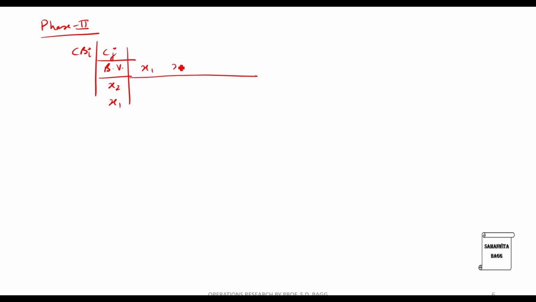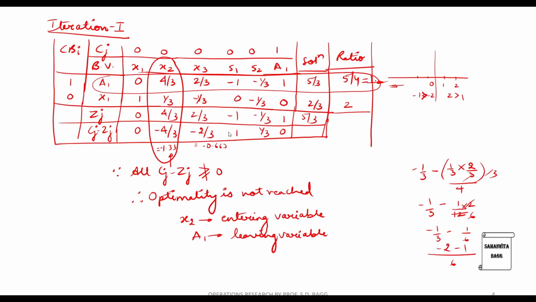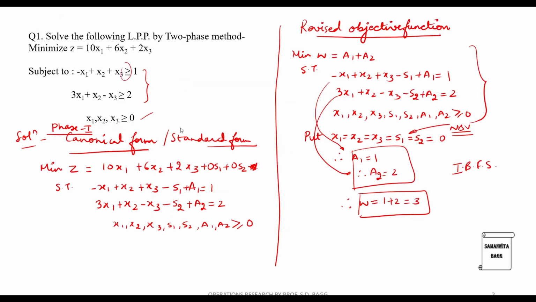Here I have x1, x2, x3, s1, s2. Then I have solution. Now for writing the coefficients, you need to refer to the main equation of z. If you refer to the main equation of z, you will find the coefficients of x1, x2, x3, s1, s2.